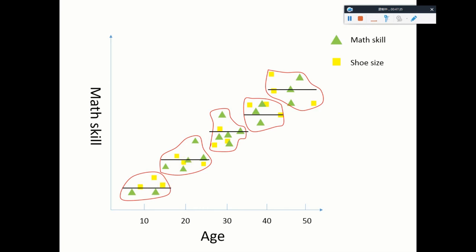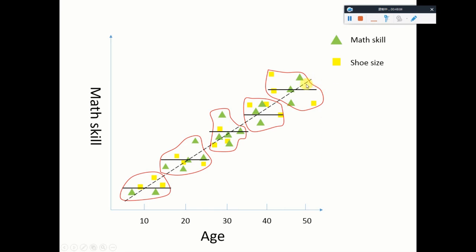That's what we mean by statistically controlling for or removing the effect of age. And once we do that, the correlation between math skill and shoe size is gone. It's no longer the positive correlation that they appear to show. In actuality, there's no correlation between math skill and shoe size.